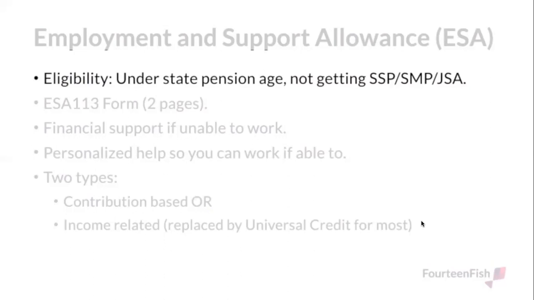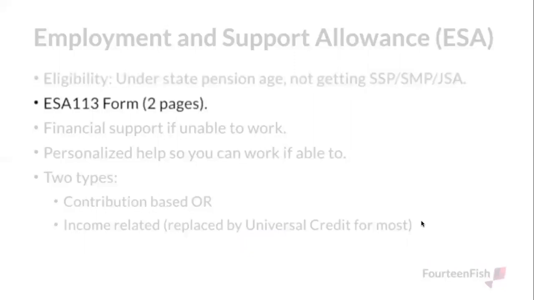You also must not be receiving other forms of benefits, for example, statutory sick pay, statutory maternity pay, or job seekers allowance. As GPs, we may be involved in patients applying for ESA when they fill in the form ESA 113.